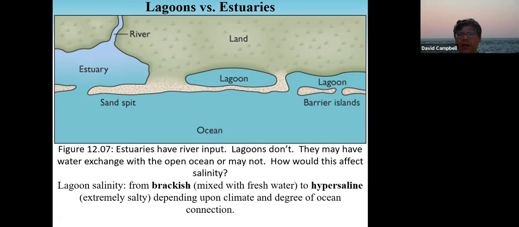Probably if we had just had some pretty heavy rains, it would be a little fresher. Or if it had been really sunny and dry, lots of evaporation, it would be a little saltier, but not by much. Not surprisingly, our other lagoon being all the way enclosed, water movement back and forth is much more restricted, and that lagoon could easily become rather more extreme, either extra salty or extra fresh, depending on what was happening with the weather and other conditions.